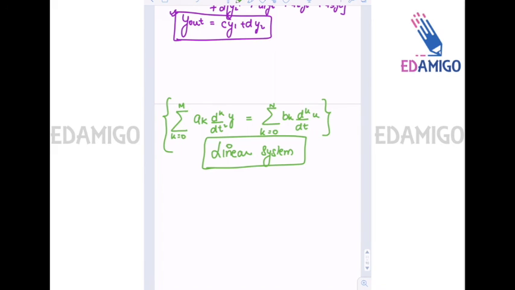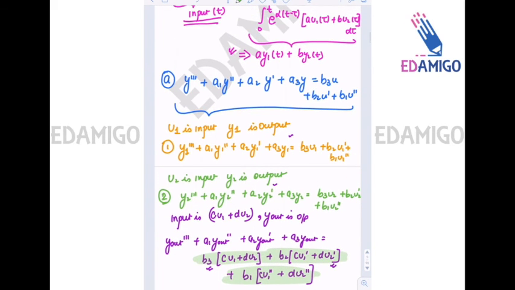There should not be any constant added in the RHS or LHS in such equations. So this equation is a linear differential equation, and that's why it is a linear system.